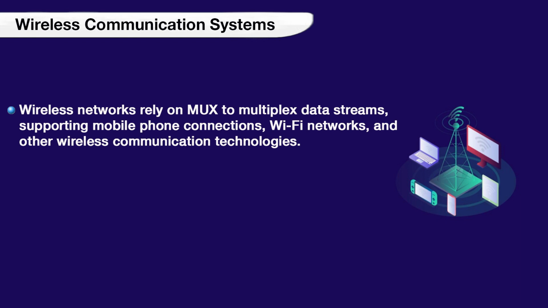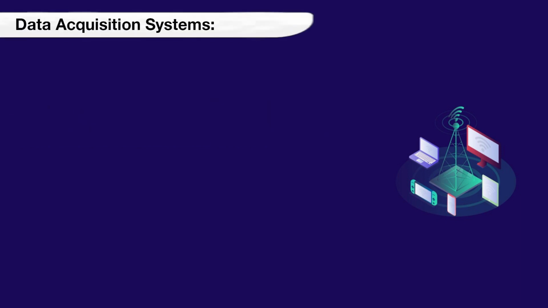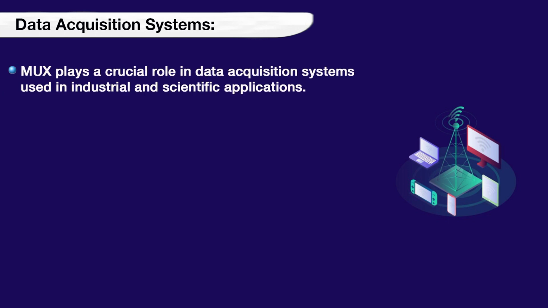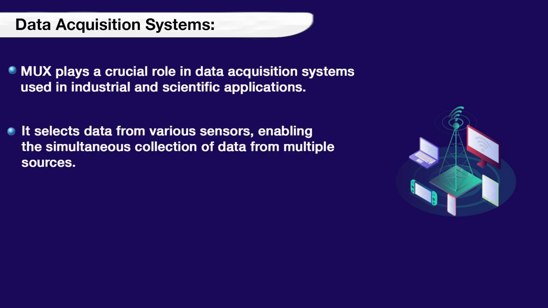wireless communication technologies. Data acquisition system. The multiplexer plays a crucial role in data acquisition systems used in industrial and scientific applications. It selects data from various sensors, enabling the simultaneous collection of data from multiple sources.